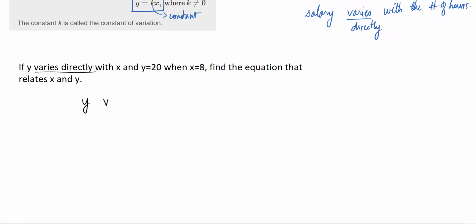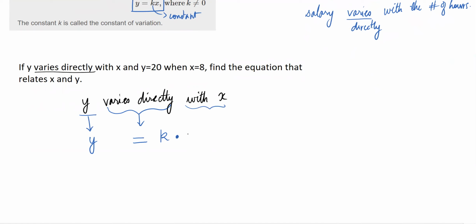In English, y varies directly with x is translated into math as y equals k times x, because varies directly means equals k, and with x means times x. If it varies inversely, we would have a different setup. So y equals kx. Just like that, we got the equation.